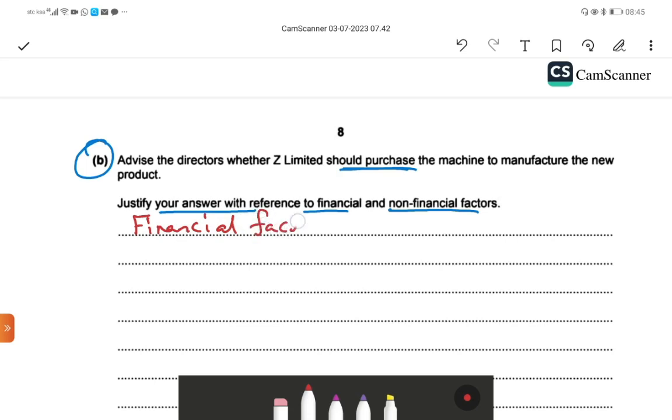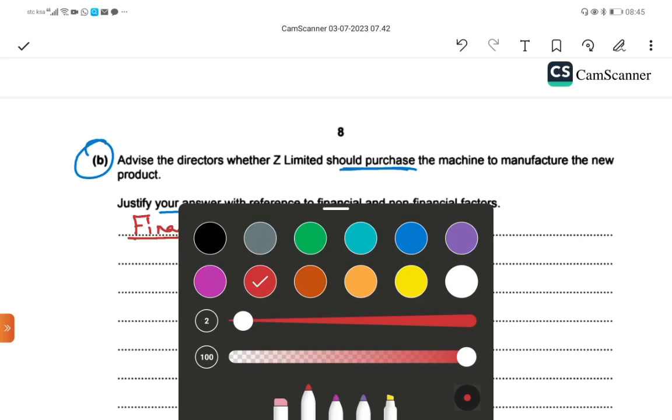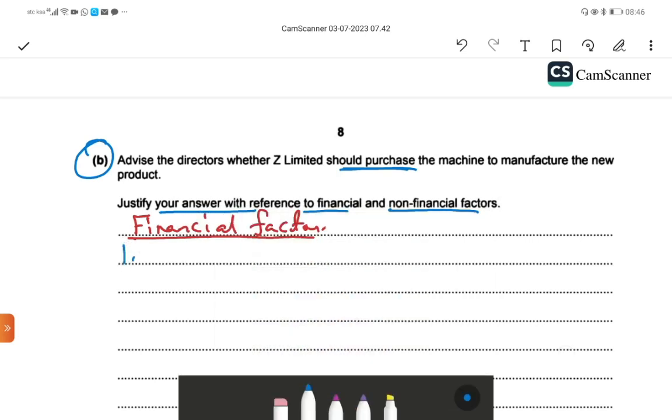The first financial factor is that the investment has a positive net present value, because the company decided to take a cost of capital of 10%. That amount was a positive net present value. That is how much?